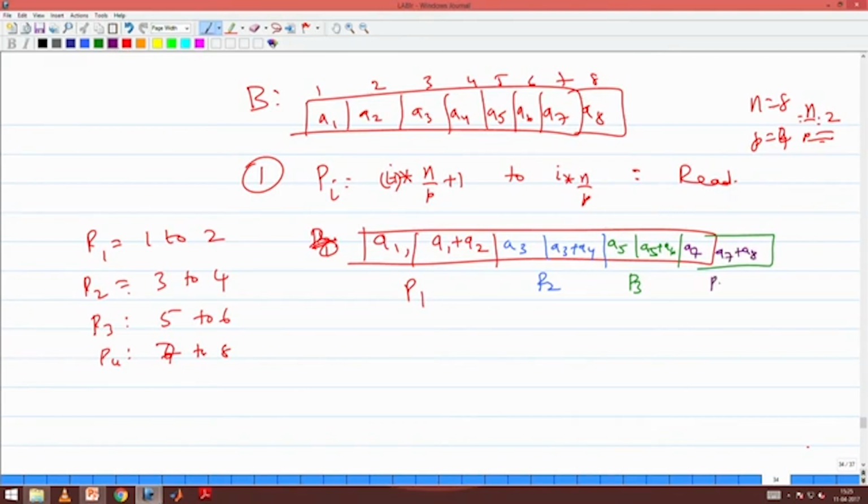This it will all do in the same array, the B array again. And this will take 2 steps, n by p steps.